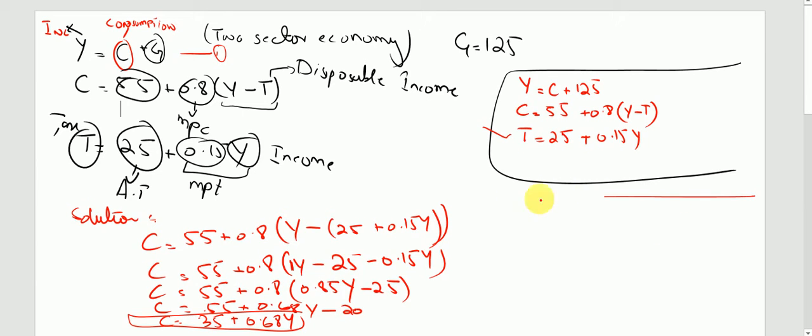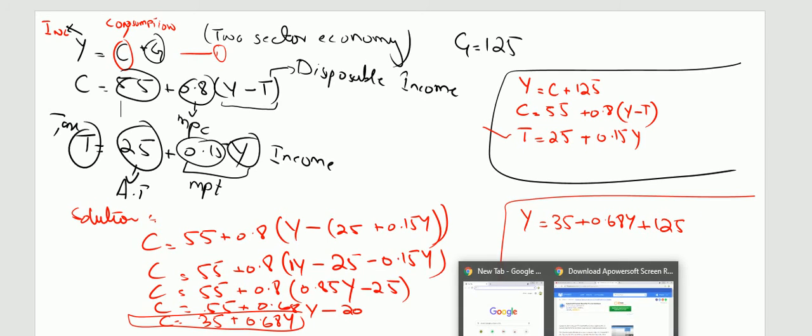I am solving it right here. Just plug the consumption value into the first equation. So c is 35 plus 0.68y, and now we write the government expenditure value, which is 125, fixed from outside the model.